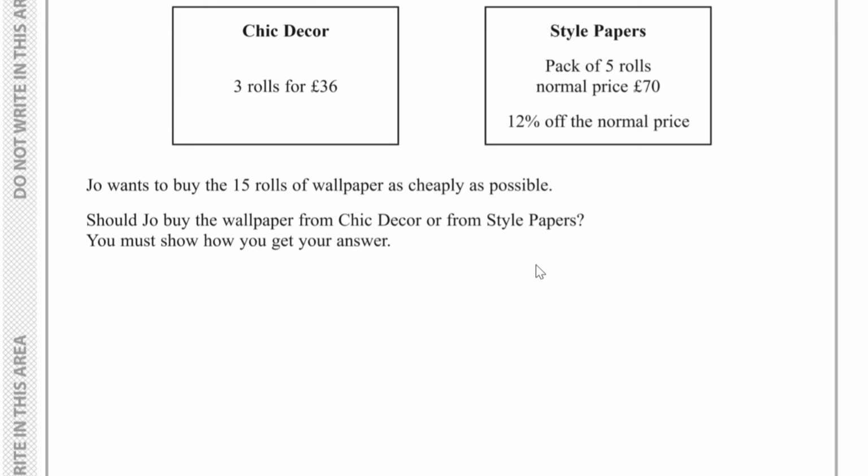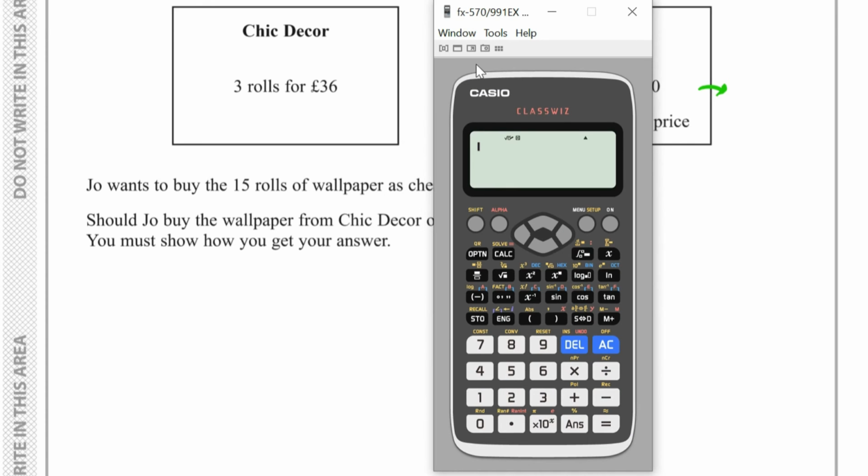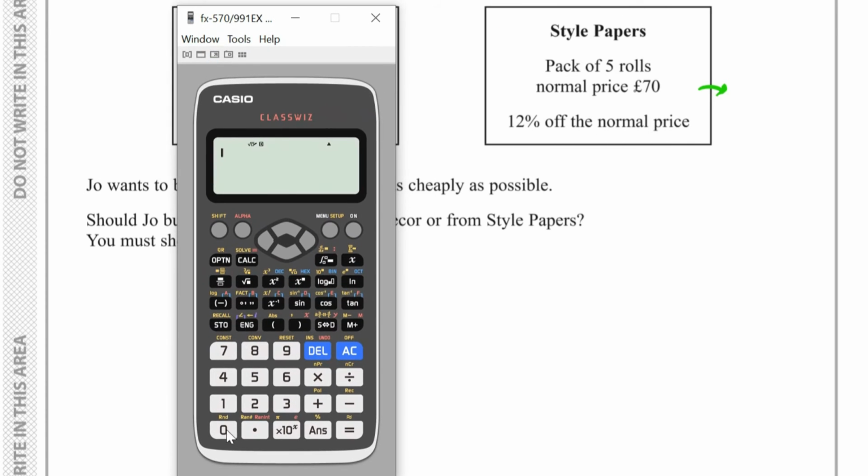Well, what we can do is find out the cost for 5 rolls. If we have 12% off the normal price, then 12% off would correspond to a multiplier of 0.88. And if I multiply this by 70, the normal price is 70, we get 61.60.